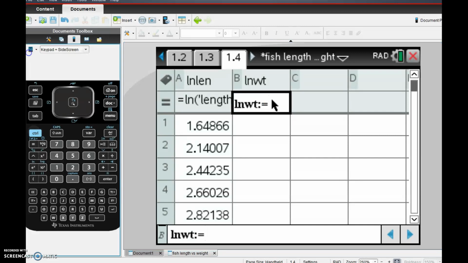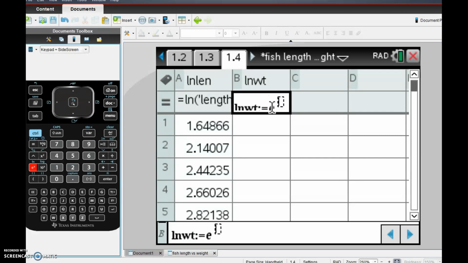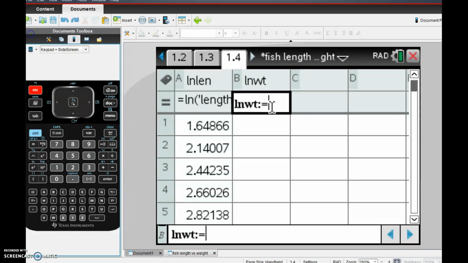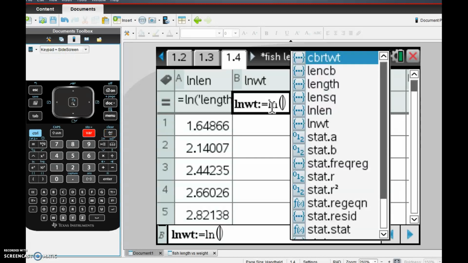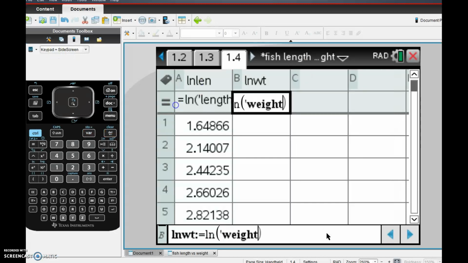Then take the natural log. What's going on? Natural log of weight. Why is it doing that now? Must be hitting control. Vars, weight.